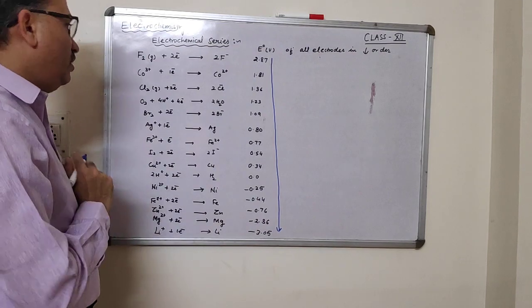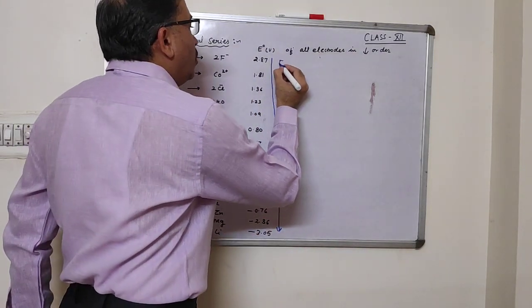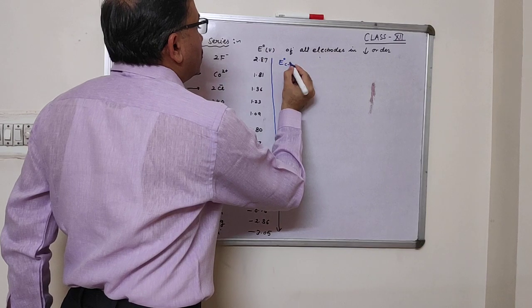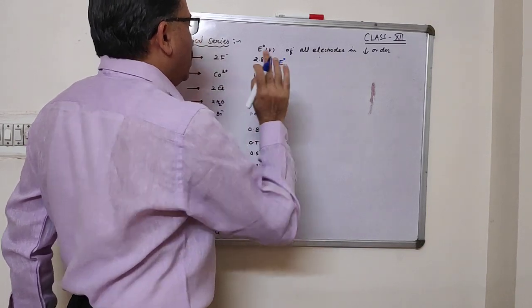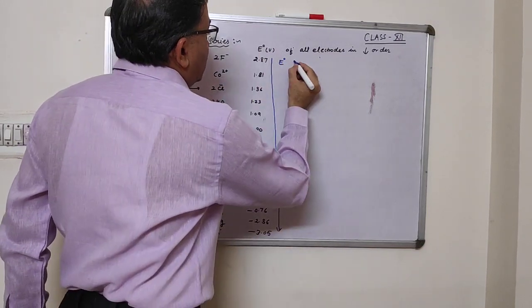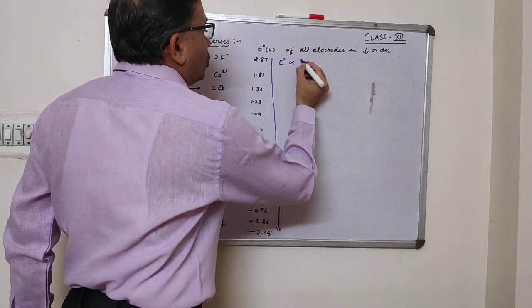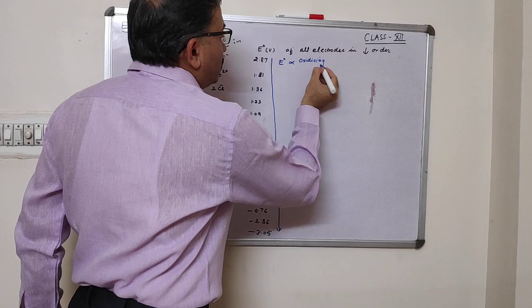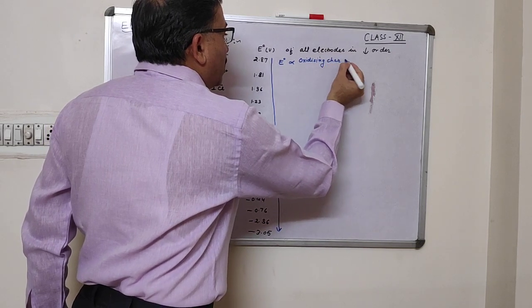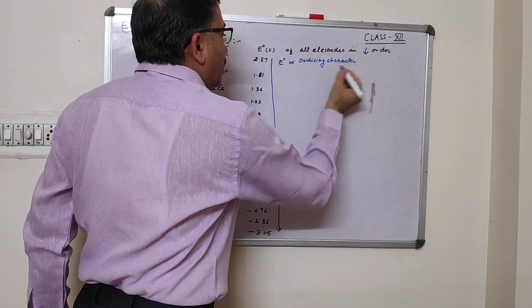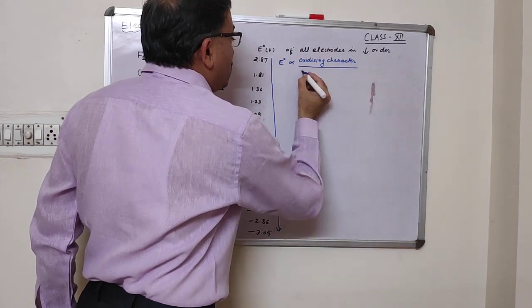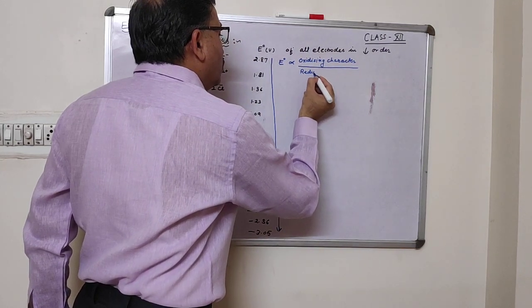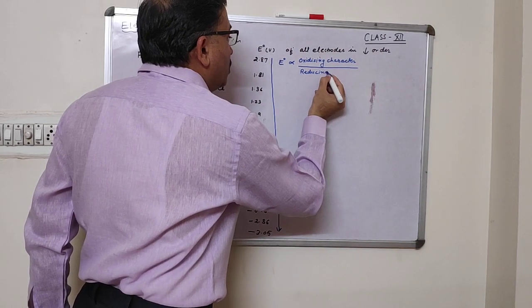So number one thing, E naught of an electrode is directly proportional to oxidizing character and inversely proportional to reducing character.